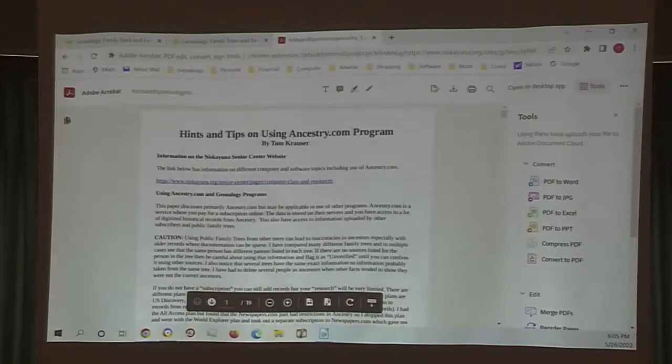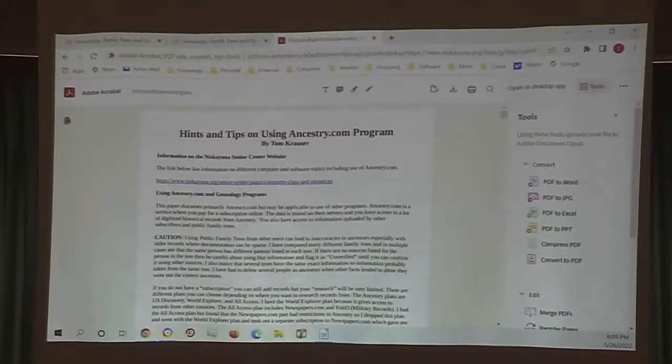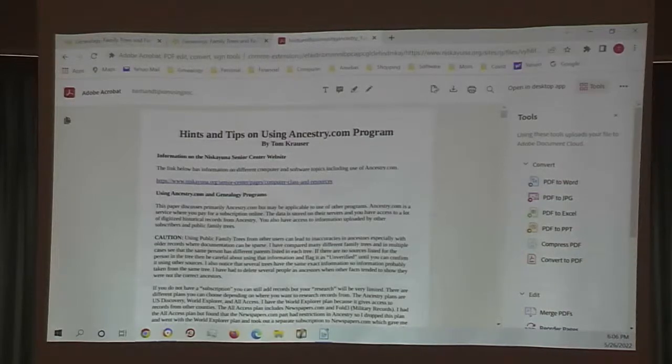Okay, so if you go to the website, you'll find the paper. Like I said, it's 19 pages. I didn't want to print it out for everybody, but you can download it from the website itself. Okay, and so that will help you.